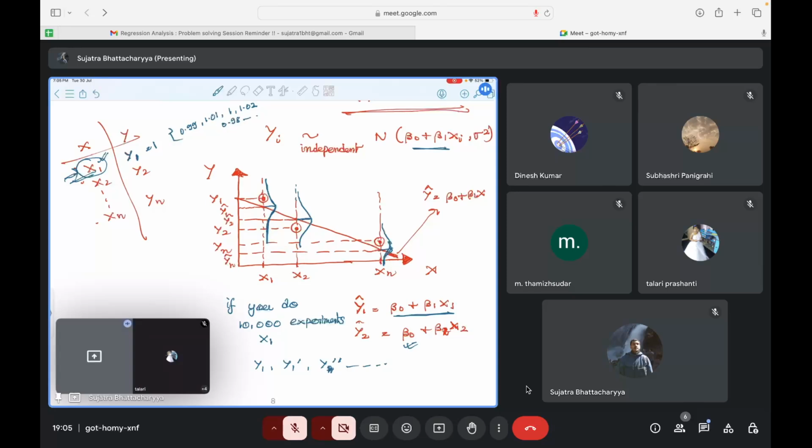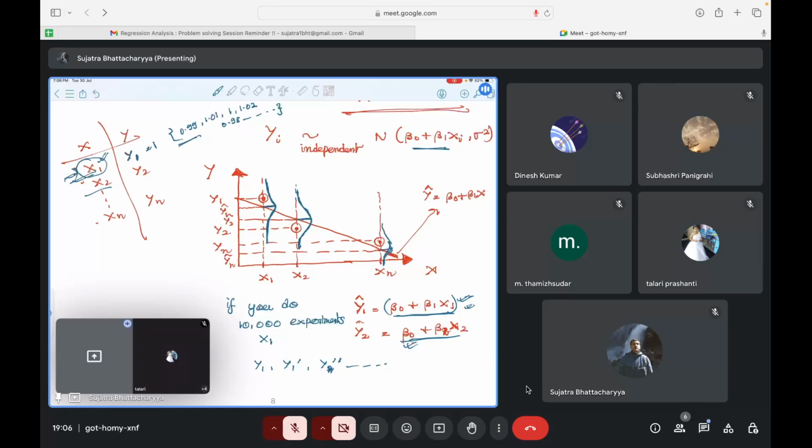If you take 10,000 values and make a distribution PDF, then you will see some distribution like this, where the mean will be given by this. Similarly, if you fix x2 and do similar 10,000 experiments, and 10,000 is a large number of experiments, then you will get this kind of normal distribution with mean here, beta naught plus beta 1 x2. Similarly at x.